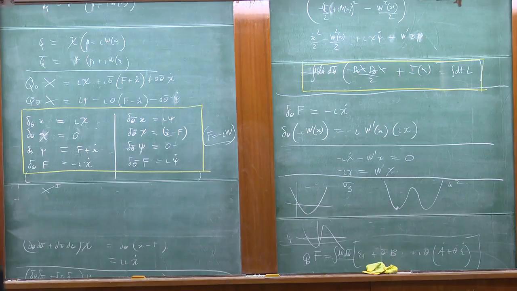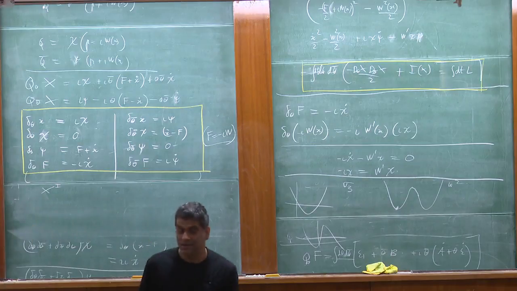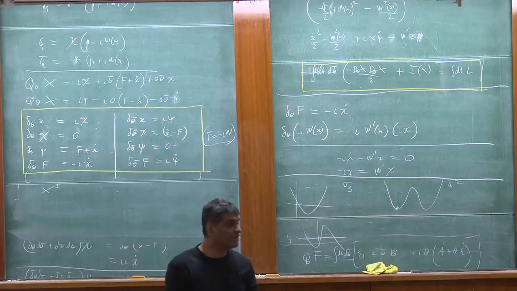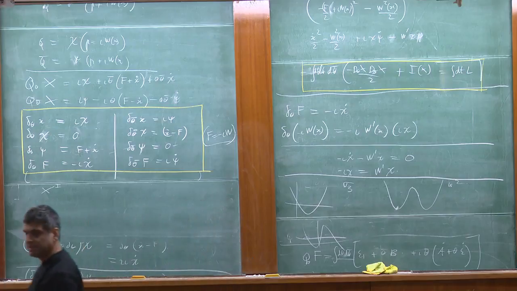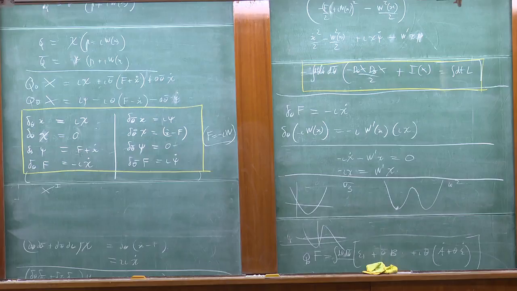These fields are superfields. And I want to write down an action that is two derivative to start with, without any potential. We will discuss potentials also in this model. It will lead to what's called Morse theory. We will discuss that.